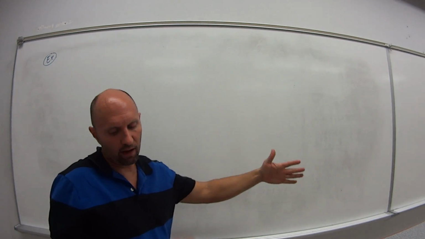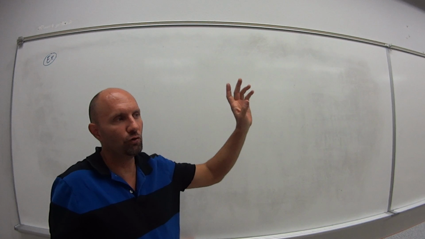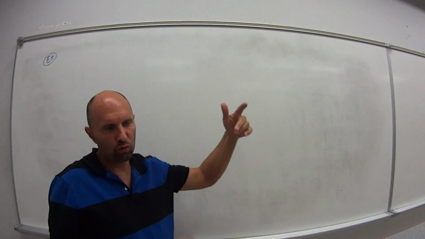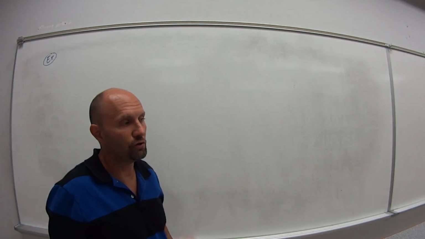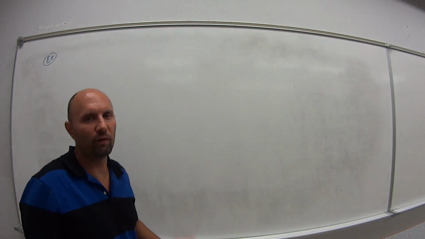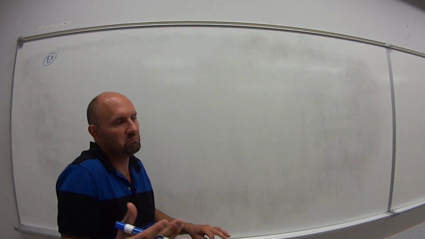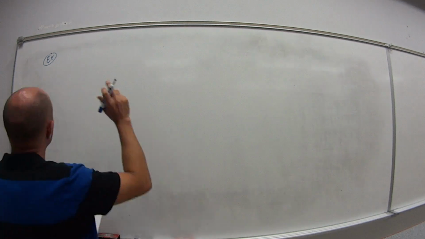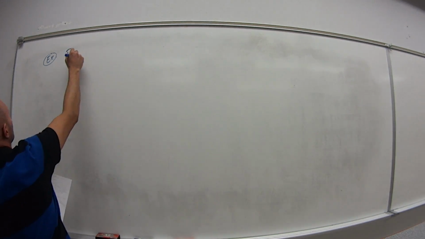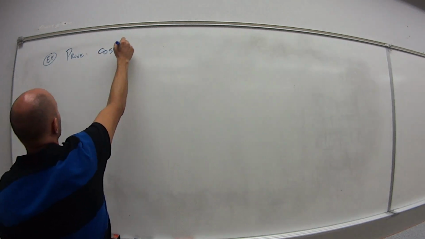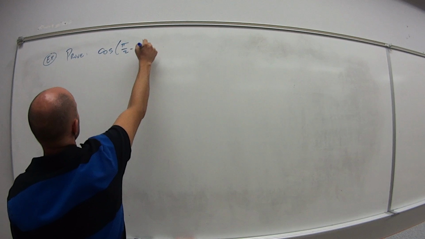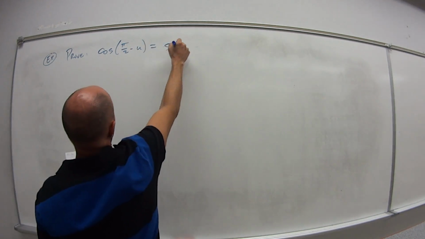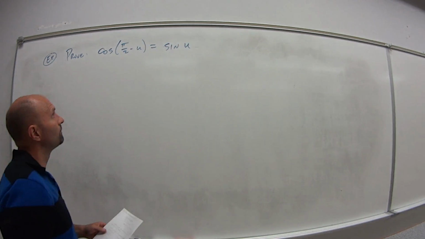Like sine of pi over 2 minus u is equal to cosine of u. So now let's actually prove that. Okay, I gave you the formula, but do you just have to believe it, or is there a proof to it? So let's do that. Let's prove the second one. Let's prove that cosine of pi over 2 minus u is equal to sine of u.